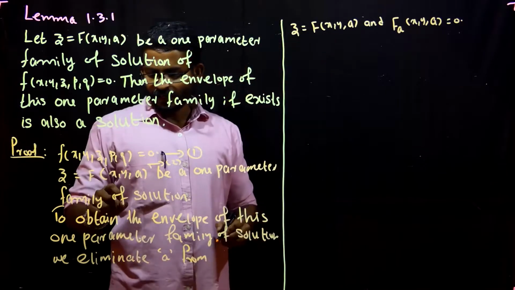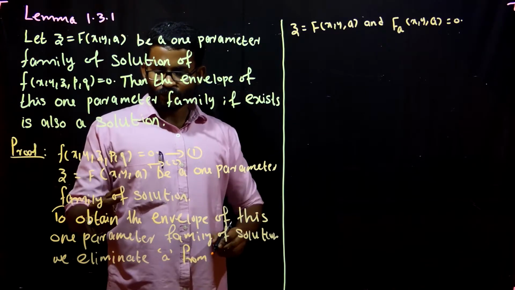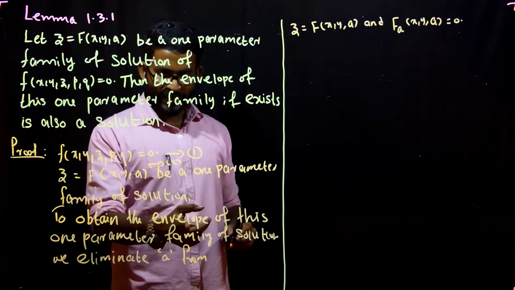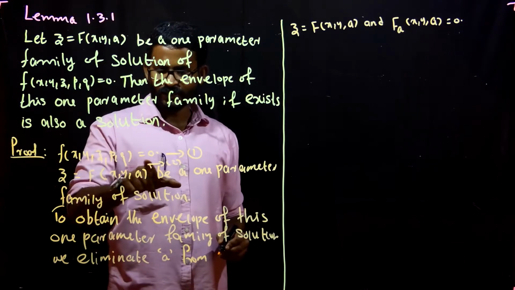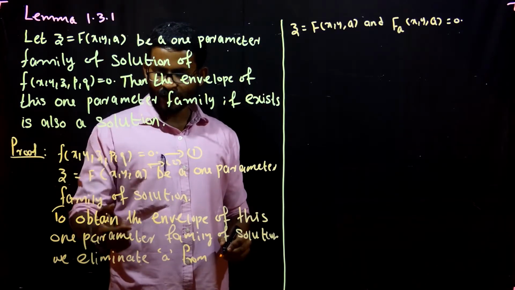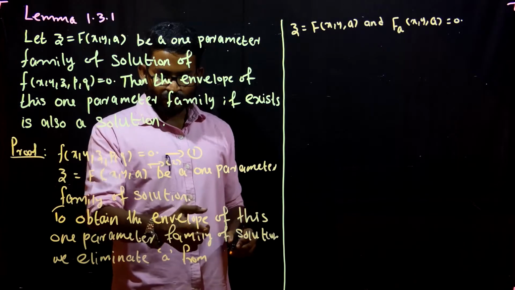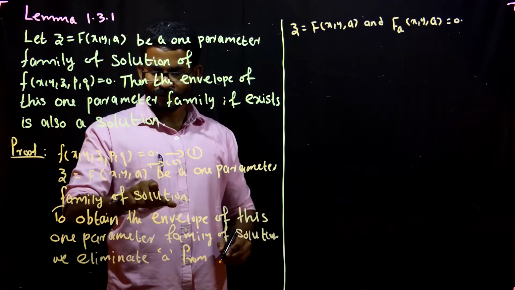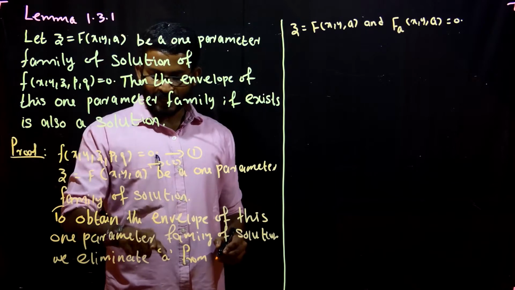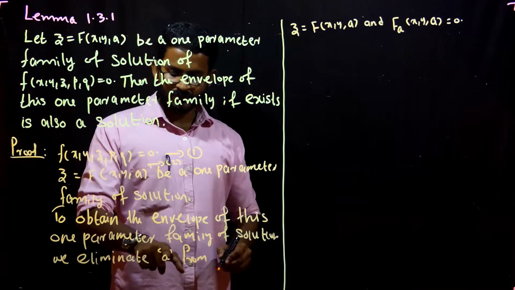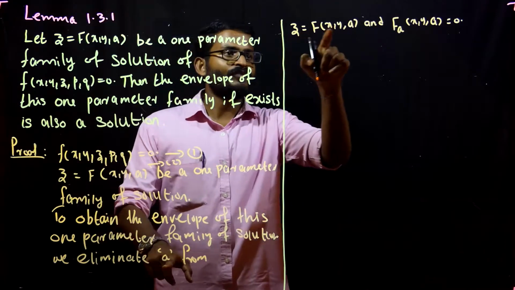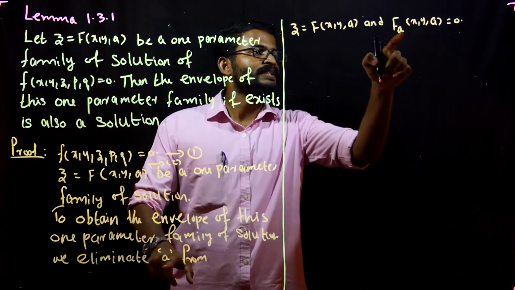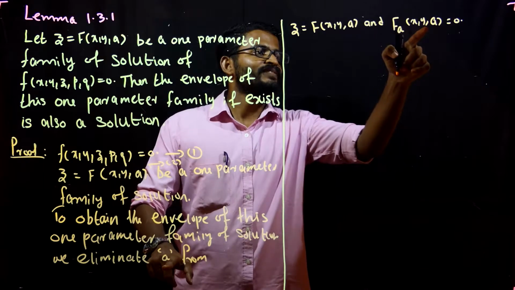That is, if you want to find the envelope of equation number 2, we need to eliminate the parameter a from this one parameter family and from this equation fa of x, y is equal to 0.